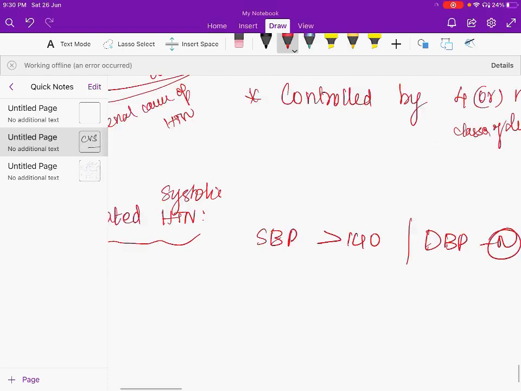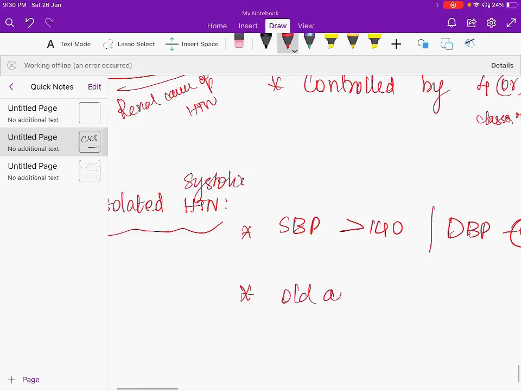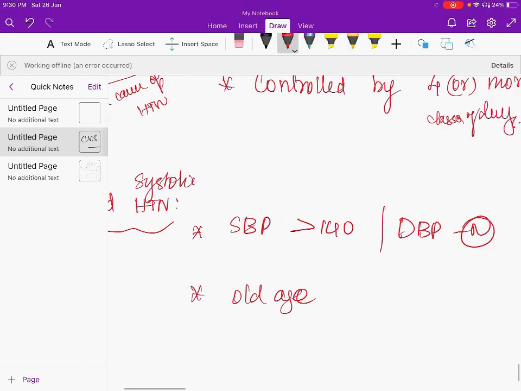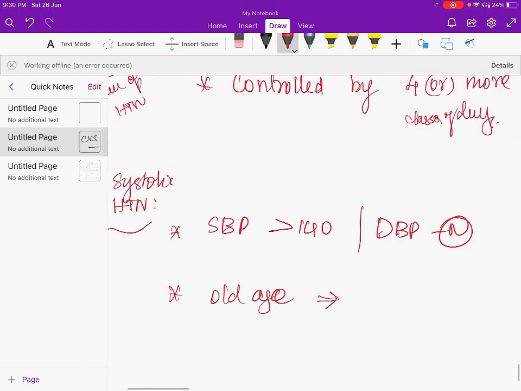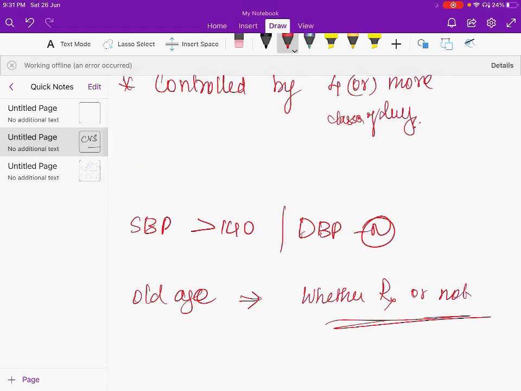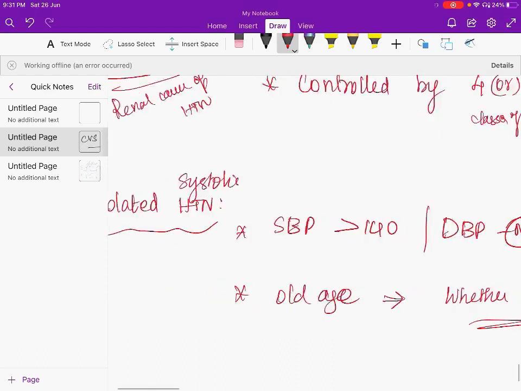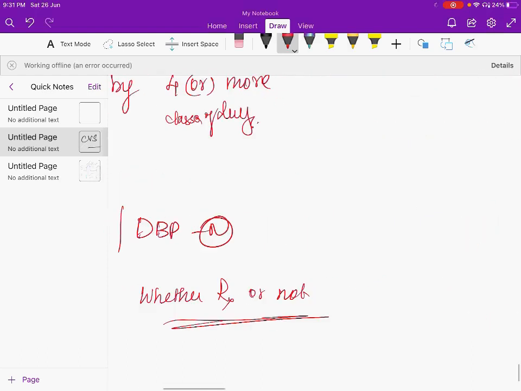So this is normally seen in old age patients, and whether to treat or not depends on multiple factors, the patient's cardiovascular mortality and cerebral morbidity. Based on that we have to decide whether to treat this isolated systolic hypertension or not.